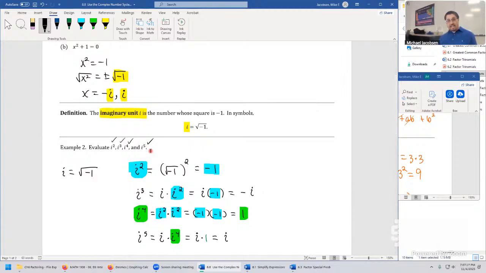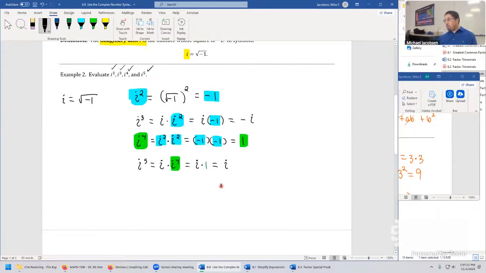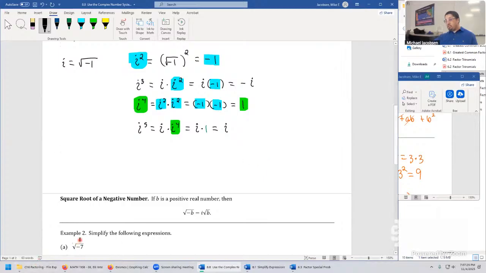The context that i is actually going to show up in chapter 9 is a little bit more similar to what we're going to see in example 3. In example 3, we want to simplify these things. These show up whenever we use the quadratic formula for certain kinds of quadratic polynomials.